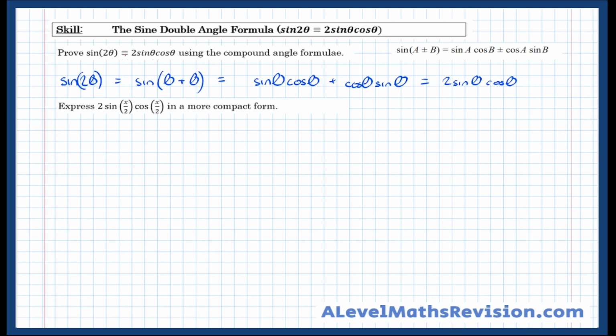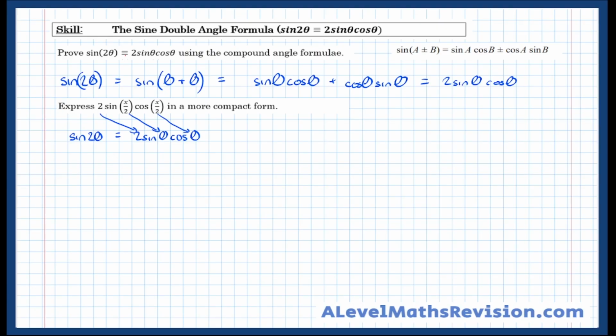This next example: express 2 sine x over 2 cos x over 2 in a more compact form. Well, having learnt this formula, sine of 2 theta equals 2 sine theta cos theta, notice the similarity. We've got the 2, we've got the sine of something, and we've got the cos of something, that thing being x over 2.